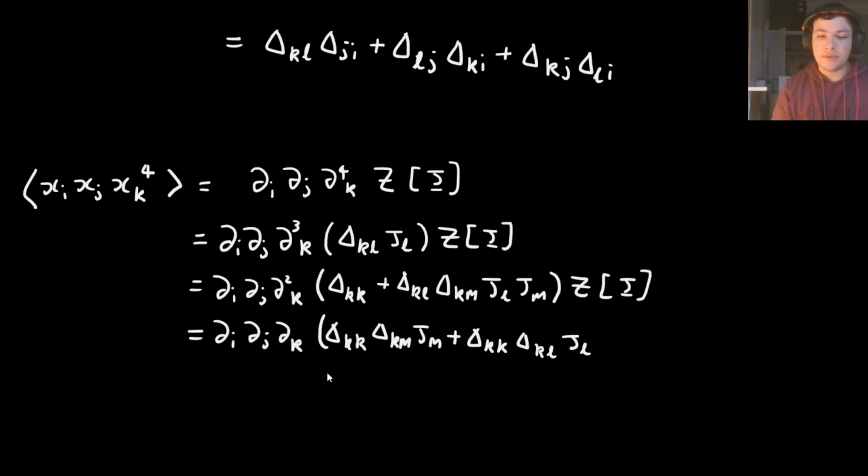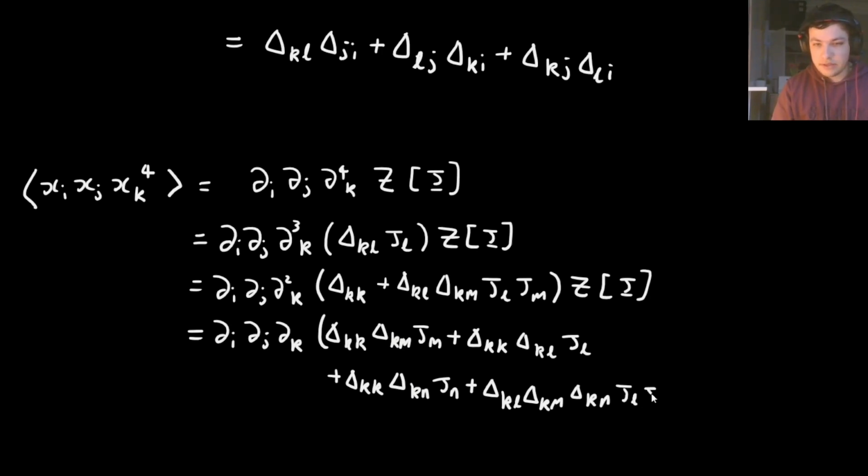And then we multiply everything by our new dummy index. So that's going to be a delta_kk, delta_kn, J_n, plus, now it's 3 delta_kl, delta_km, delta_kn, J_l J_m J_n, Z(J). Let's make that a square bracket for consistency, doesn't really matter.